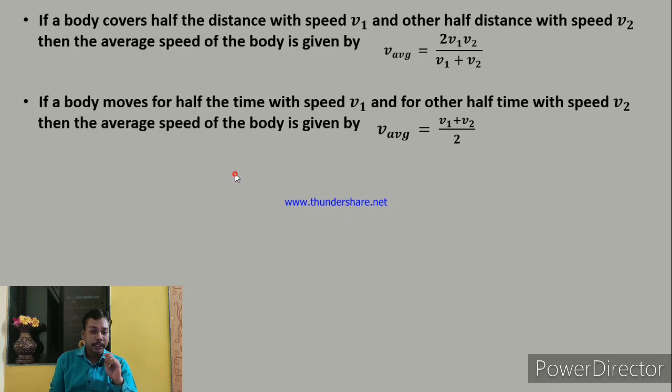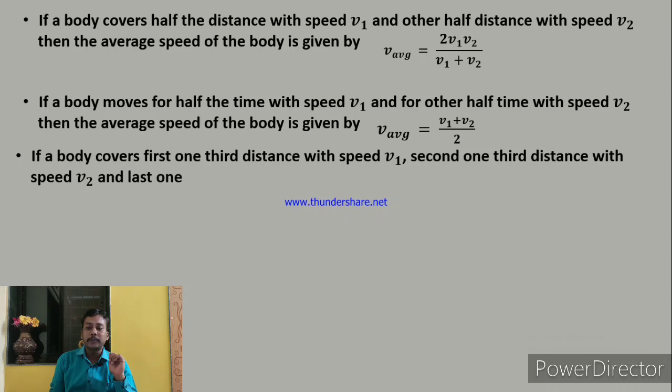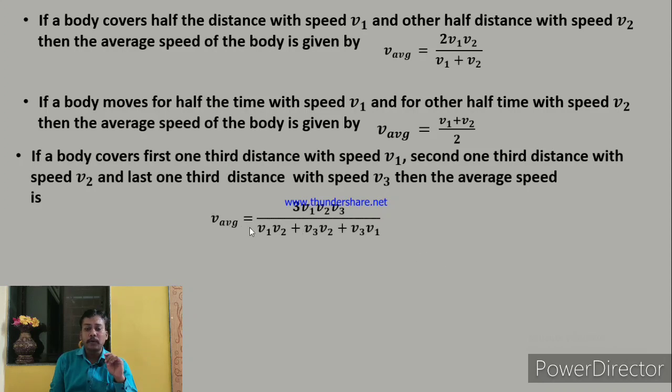Now the next condition is if a body covers the first 1/3 distance with speed v1, the second 1/3 distance with speed v2 and the last 1/3 distance with speed v3, then the average speed is v average is equal to 3 v1 v2 v3 upon v1 v2 plus v3 v2 plus v3 v1. So this is the formula.